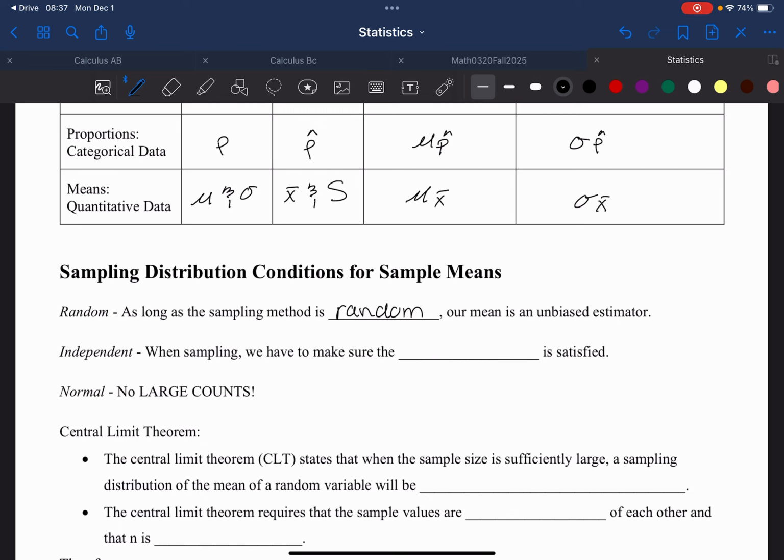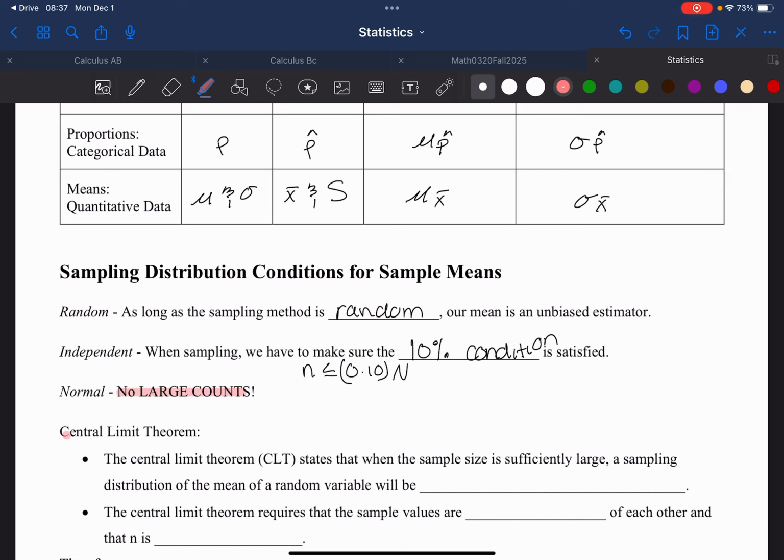Independent, when sampling, we have to make sure the 10% condition is satisfied. So that does not change. We're still doing the 10% condition, which is the sample size has to be less than or equal to 10% of the population size. For normal, however, we are no longer using large counts.